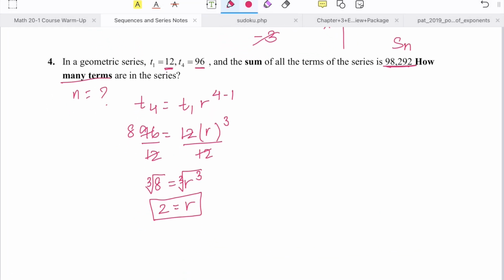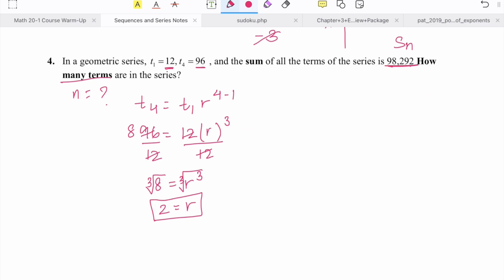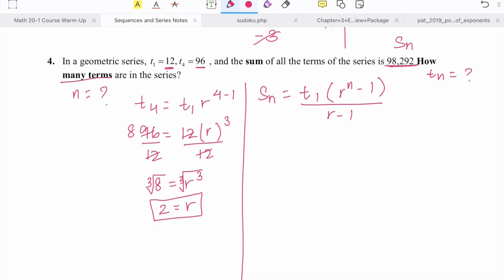Now that we have our ratio, we can use either of the formulas to figure out what n will be. Which formula would we prefer? The first one, because we don't know what Tn is, right? So Sn, the first formula, says T1 times r to the power of n minus 1 over r minus 1. Sum is given to us, 98,292. T1 is 12.